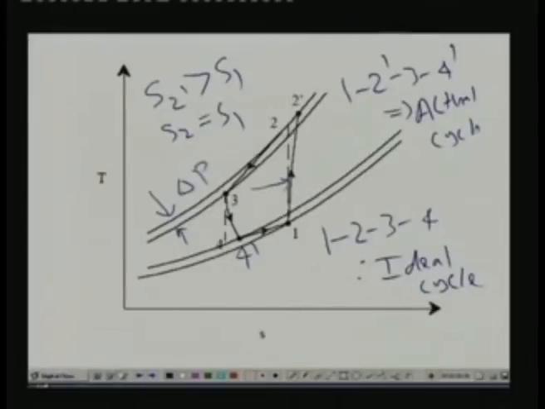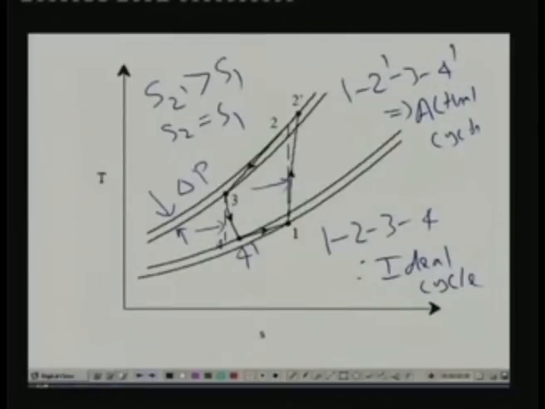So there is a reduction in pressure during the heat rejection process. Similarly, in process 3 to 4, entropy remains constant if it is an ideal process, but in an actual process again entropy increases. So S4 dash will be greater than S3. So as a result, you have a cycle 1, 2 dash, 3 dash, 4 dash in an actual case.